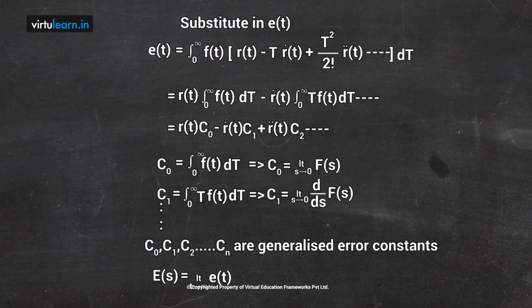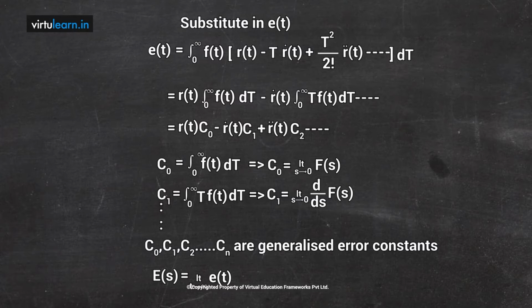When you write this in the Laplace equivalent, C0 is equal to the limit s tends to 0 of F(s), which is the first error constant. Similarly C1 is the integral from 0 to infinity of T f(T) dT, which I can write in Laplace transform as the limit s tends to 0 of d by ds of F(s), where capital T becomes d by ds.